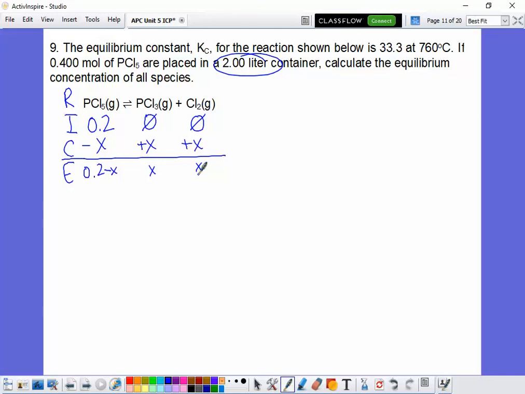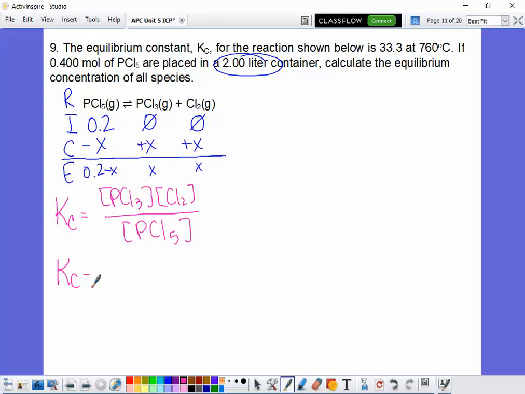All right, let's write our equilibrium expression. What goes on the top? Okay, now let's plug in the things we have.